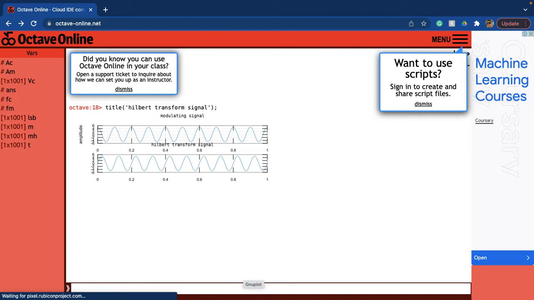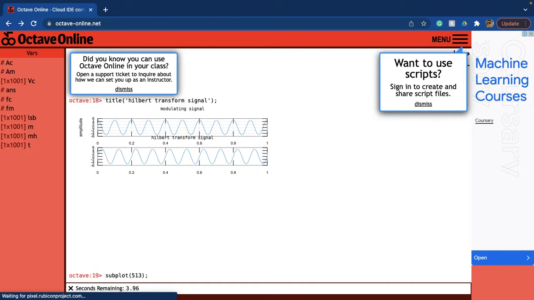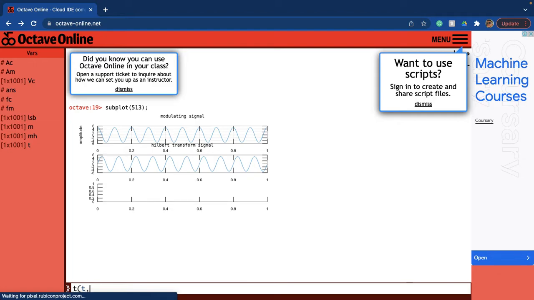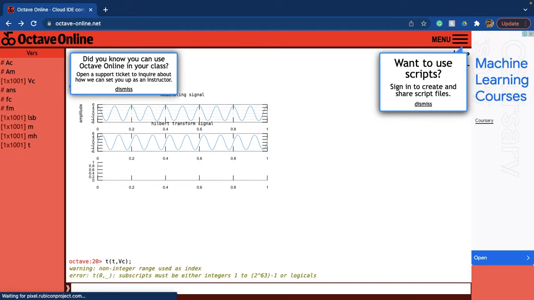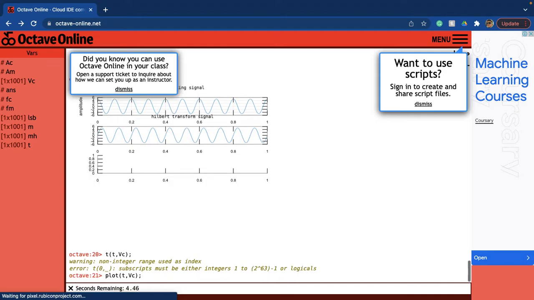Let's have after this the carrier. So subplot 513 and plot t comma, the carrier was vc. Plot t comma vc.